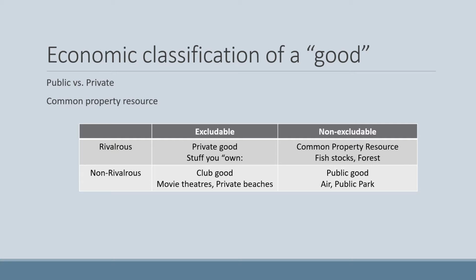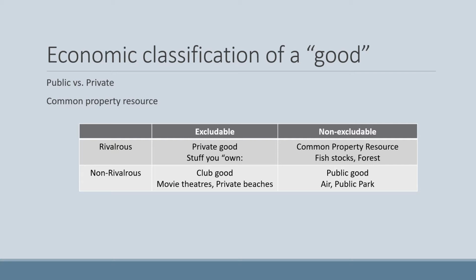If we look at rivalrous goods that are non-excludable, we're looking at things like fish stocks and forests as well. If you take fish from a fish stock, no one else can use it, and so that's where we get the rivalrous part of that.